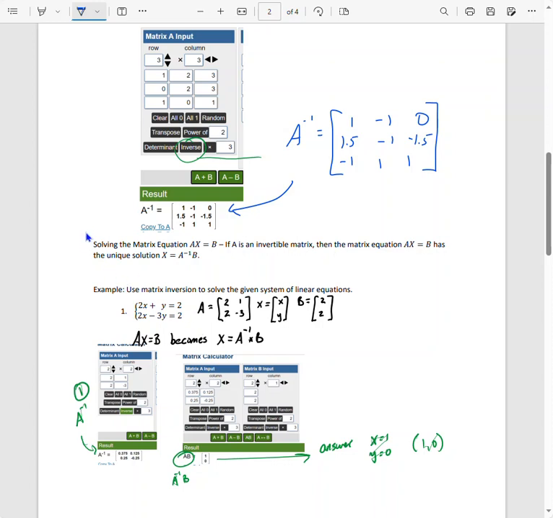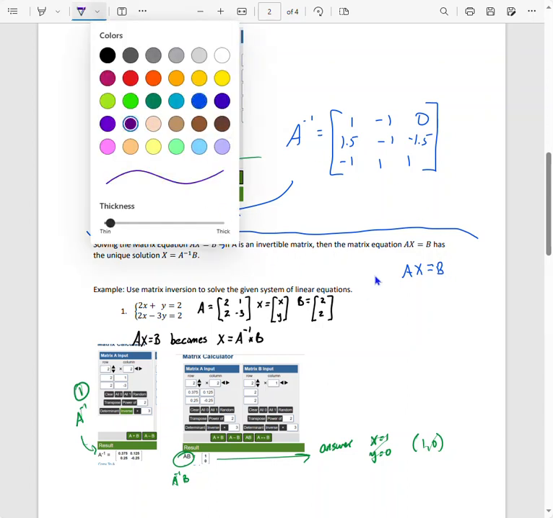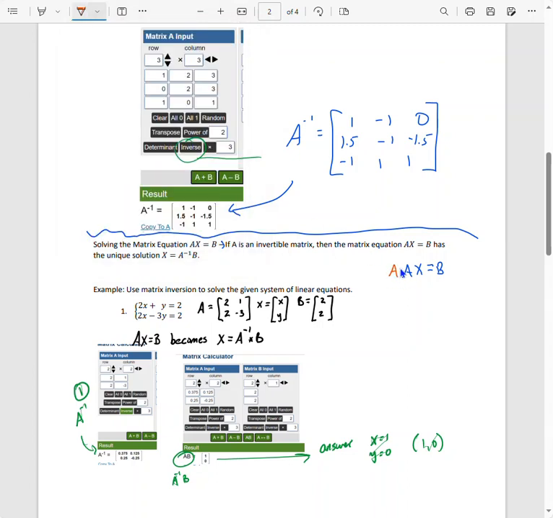Now, this is a separate thought, although it looks like it got really close to it in the notes. So let me just make sure that we're moving on here. If we want to solve the matrix equation AX equals B, here's what we're going to do. If A is an invertible matrix, meaning A inverse exists, then we'll take AX equals B, we'll find the inverse, and multiply on the left side for both of them.